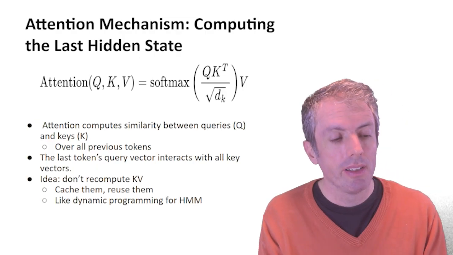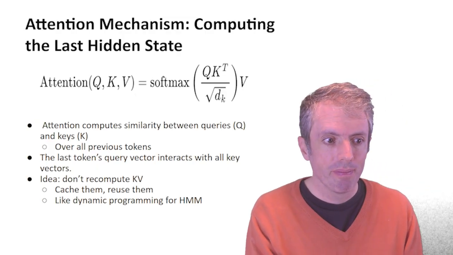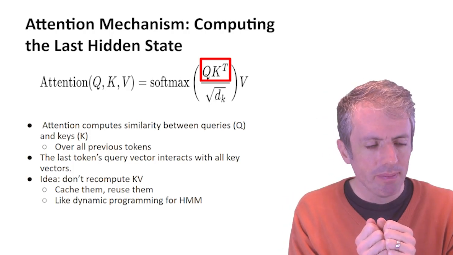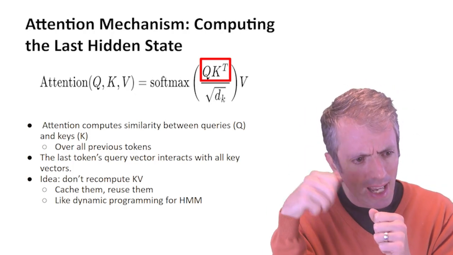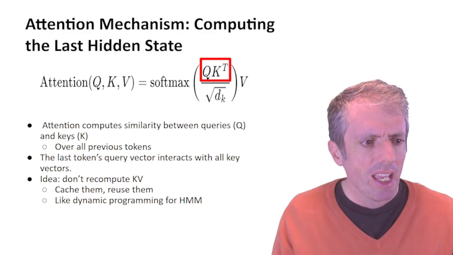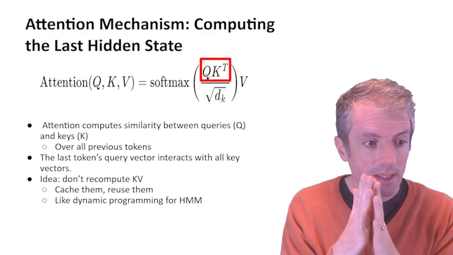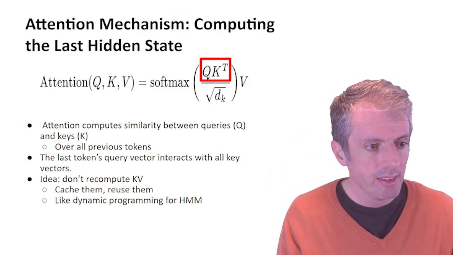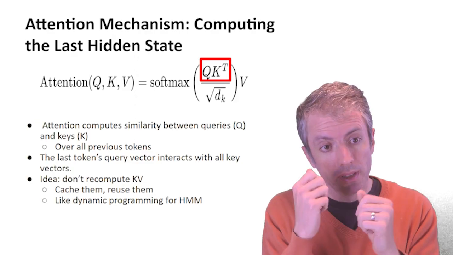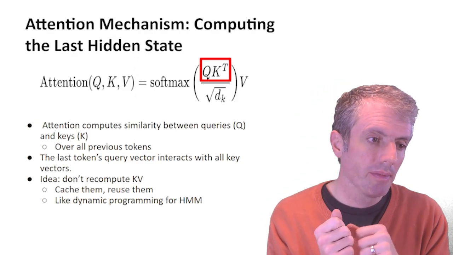So let's recall the equation for attention. We are going to have a query that comes in. We're going to have it line up against a bunch of keys, and then that will give us a pattern to weight over our V's to generate an output. So let's think about what happens for our new final token.